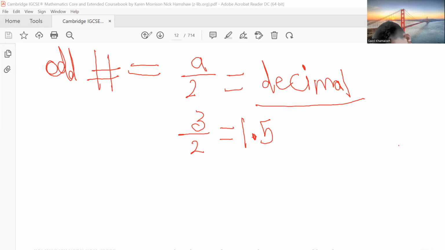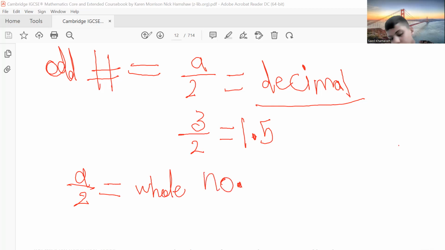But when I divide 8 by 2 and it gives me a whole number, here, when I get a whole number, I know that it is an even number.